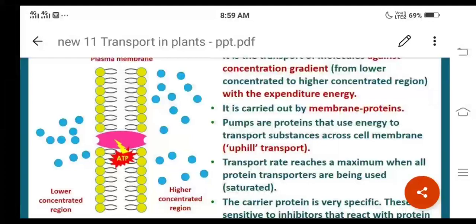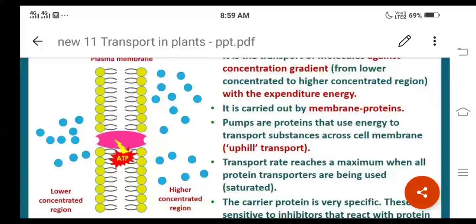In addition to the carrier protein, ATP or energy is also required. When the movement of the molecule or substance takes place from lower concentration to higher concentration through the membrane protein, energy is required.